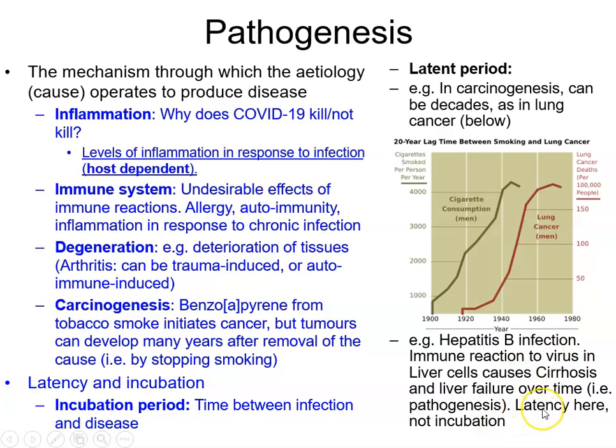So one of them is incubation period, time from infection to some sort of disease, and with Hep B you will get viral type disease symptoms, whereas many, many years or possibly even decades later you can get this other phase of disease which is caused by an immune response to that infection, which we would class as a latent period.